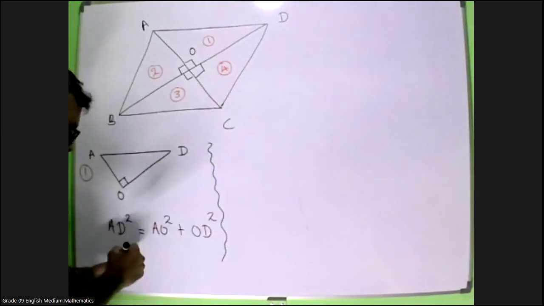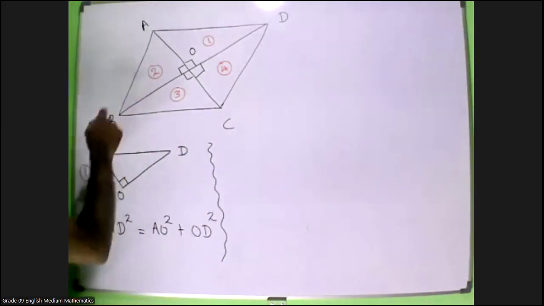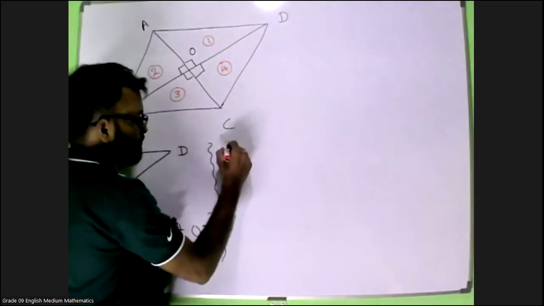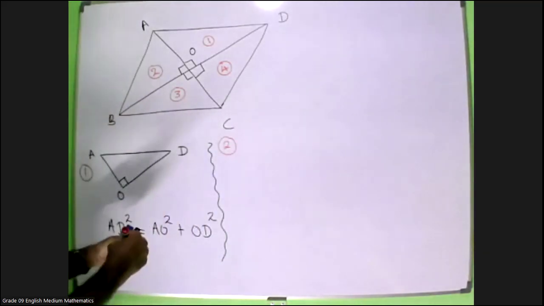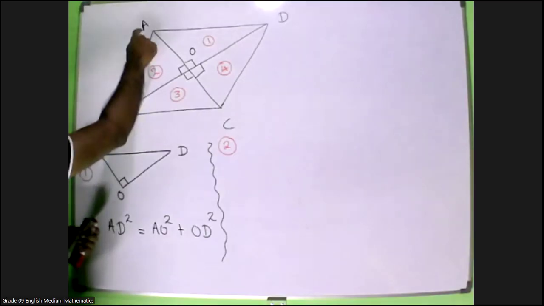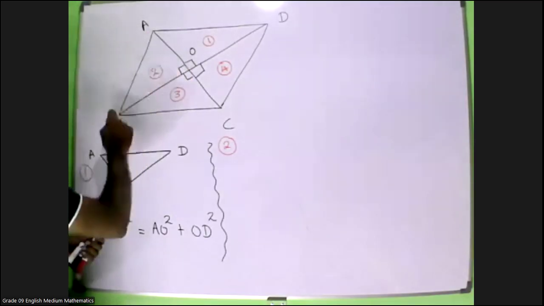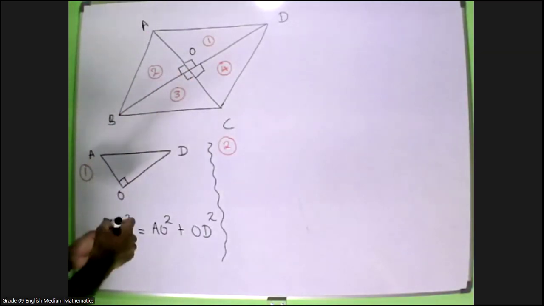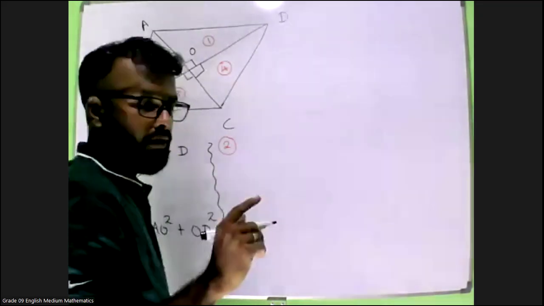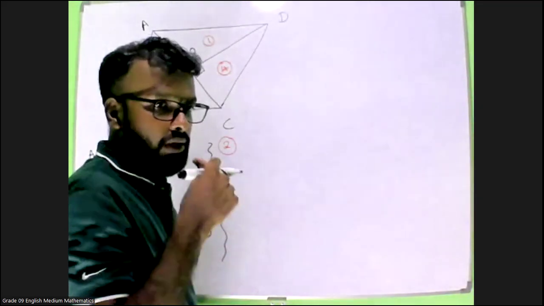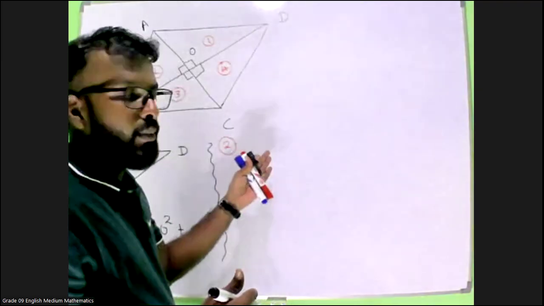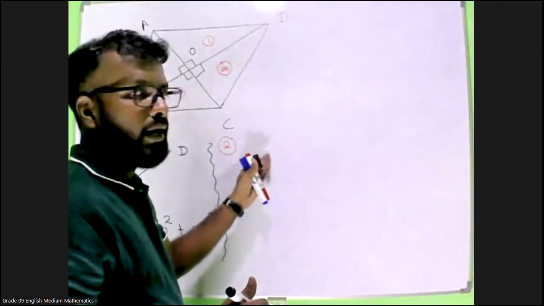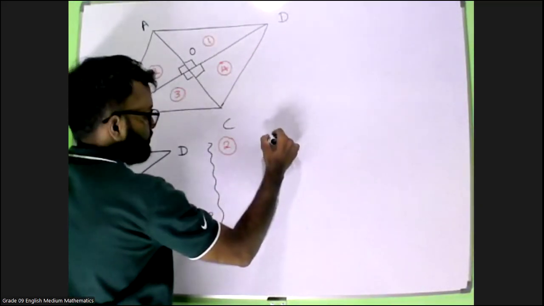Second one. This is our second right angle triangle, AOB. So I will draw it. Look at the board.